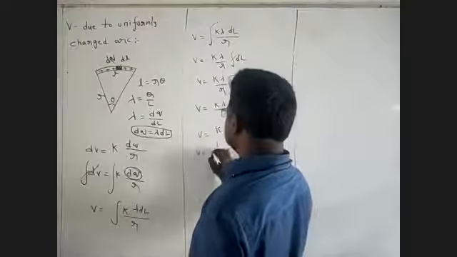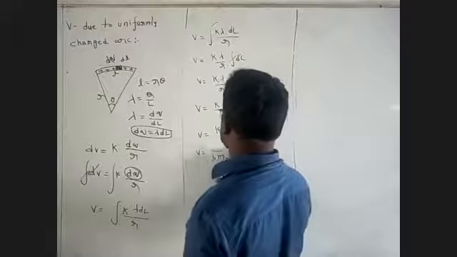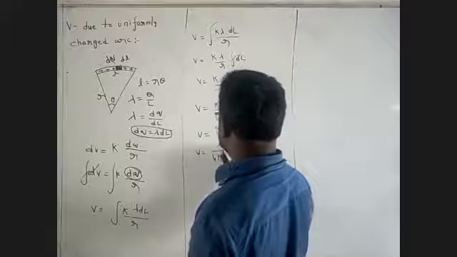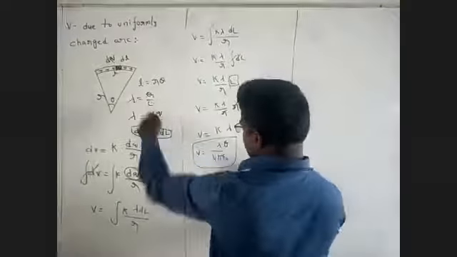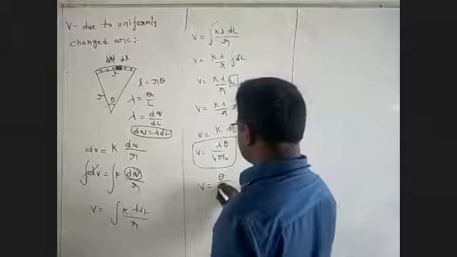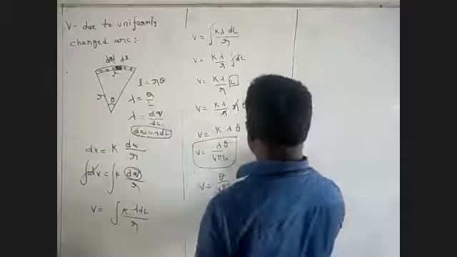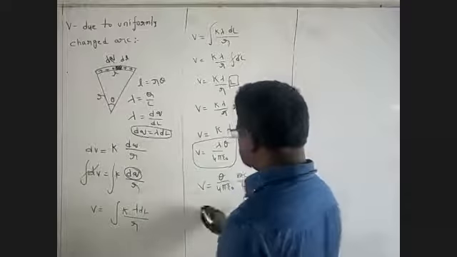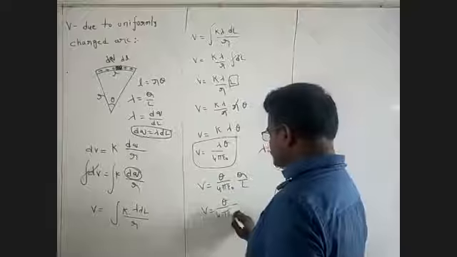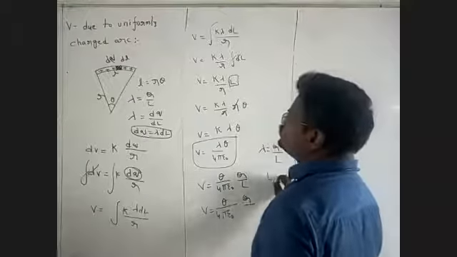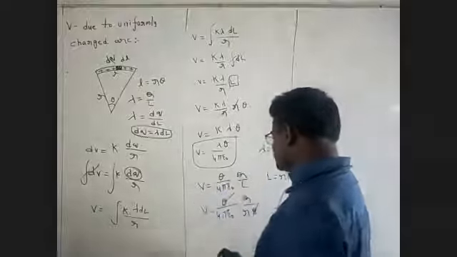So V is equal to 1 by 4 pi epsilon naught lambda theta. Lambda is equal to Q by L, so V is equal to theta by 4 pi epsilon naught times Q by L. Since L is equal to R theta, theta cancels.